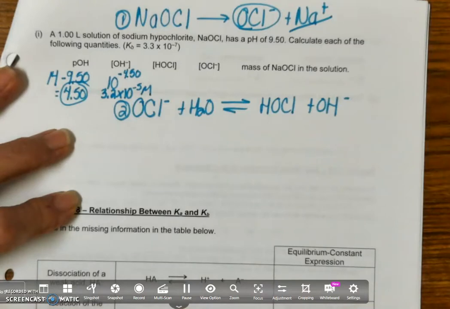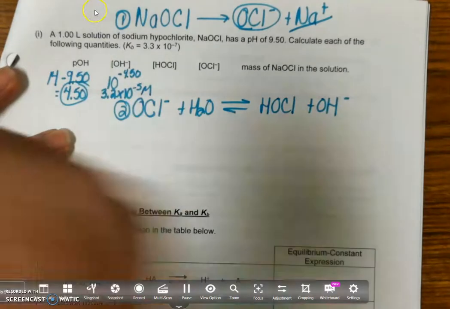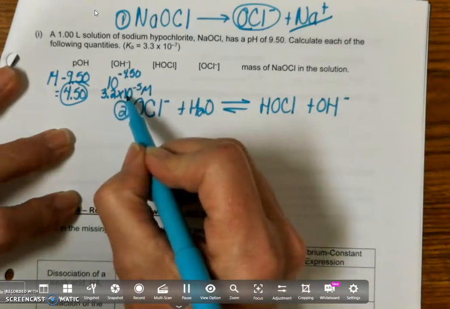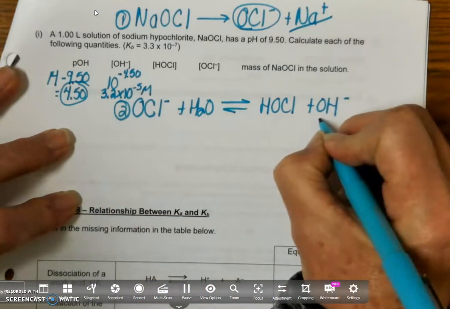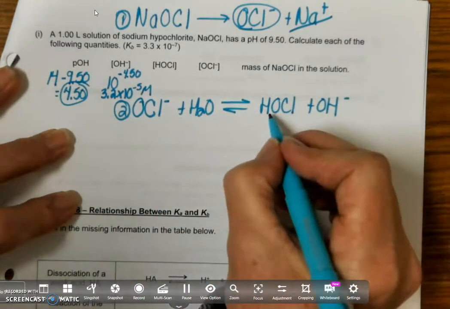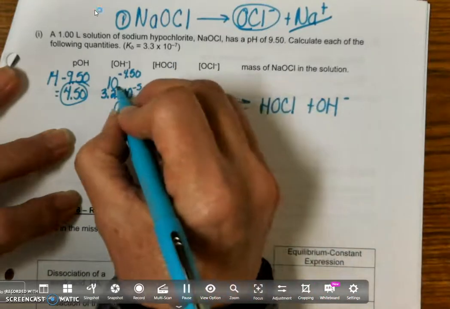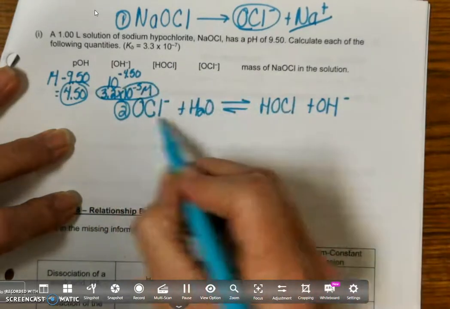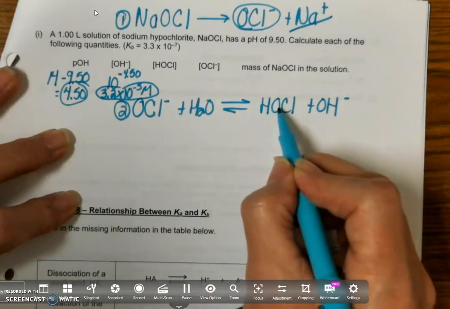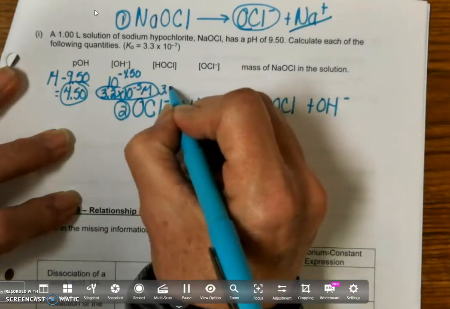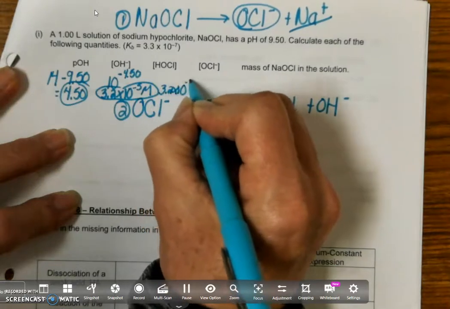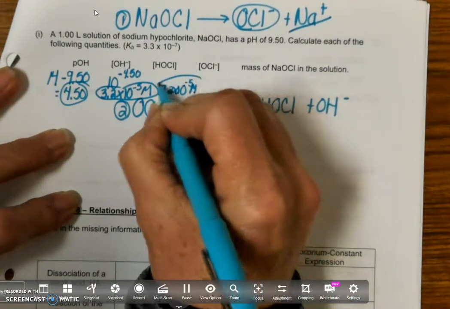Now, if this is 3.2 times 10 to the minus 5, then this has to be the same, doesn't it? Because when I make this, I make equal amounts of this and this. So this one is also 3.2 times 10 to the minus 5 molar.